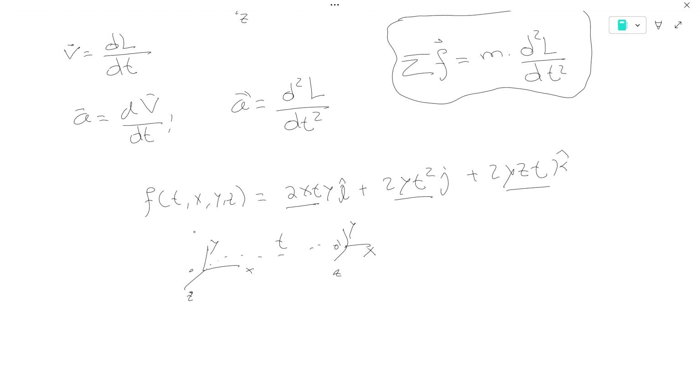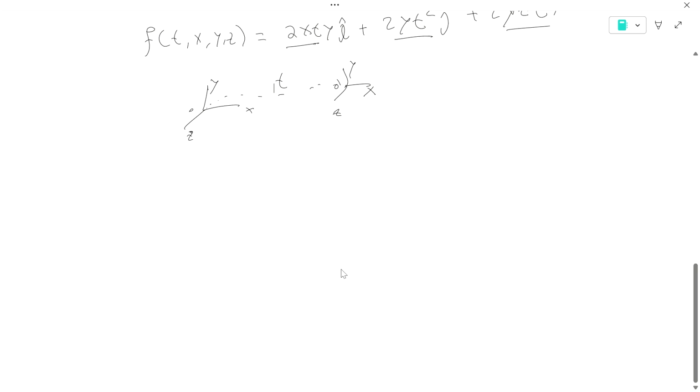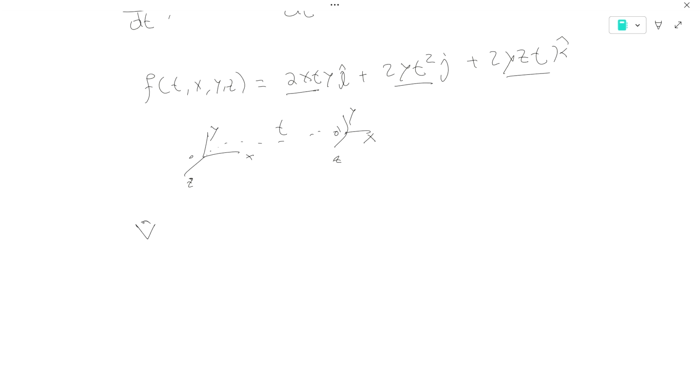So what changed here was that in time the position was different. So if you want to differentiate this to find the velocities, so v equals df dt. Remember, f is a function of t, x, y, and z, but velocity is a change with respect to time. So we know how to do that.